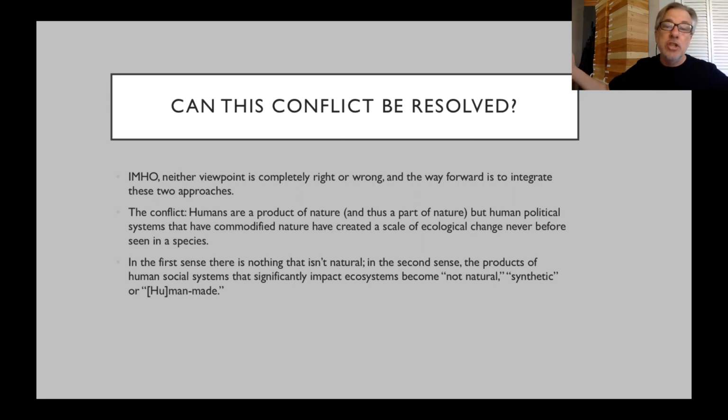Anything a human does is natural. In the second sense, the products of social systems that significantly impact ecosystems become not natural, or synthetic, or man-made, which might be better said to be human-made, but women may object because men have been in control for so long and have created most of these problems. So maybe we should say man-made.